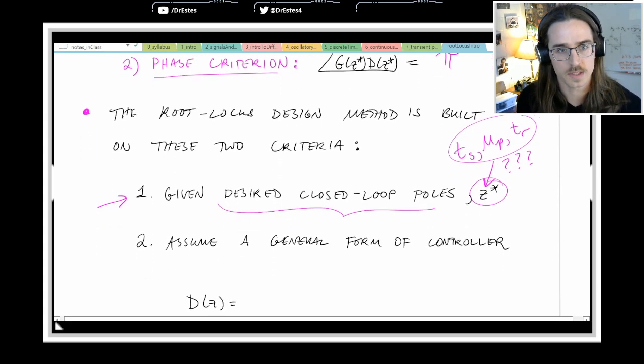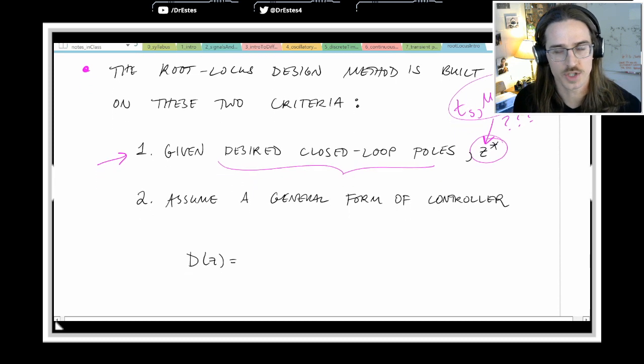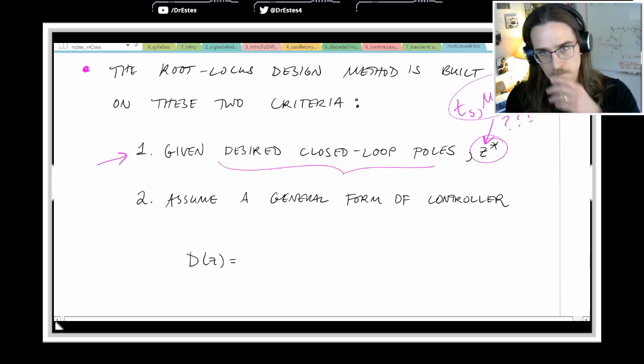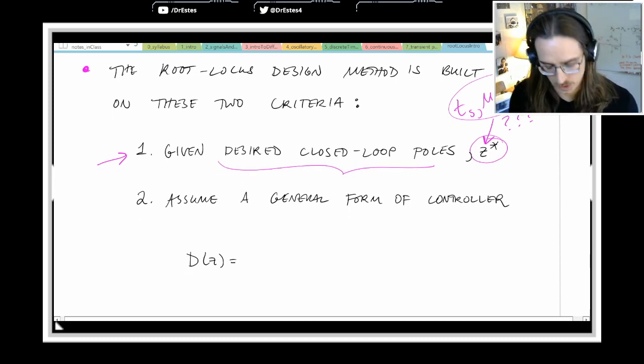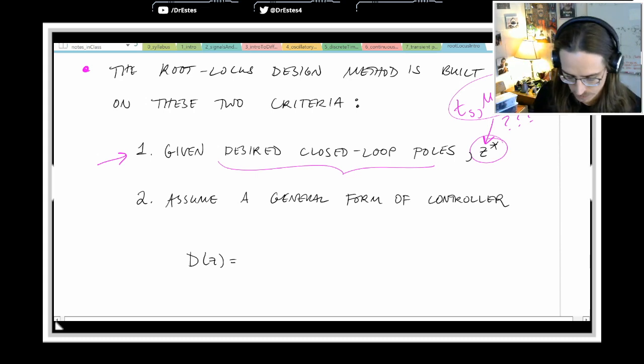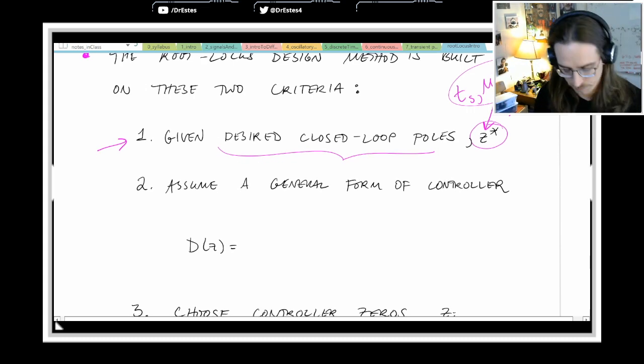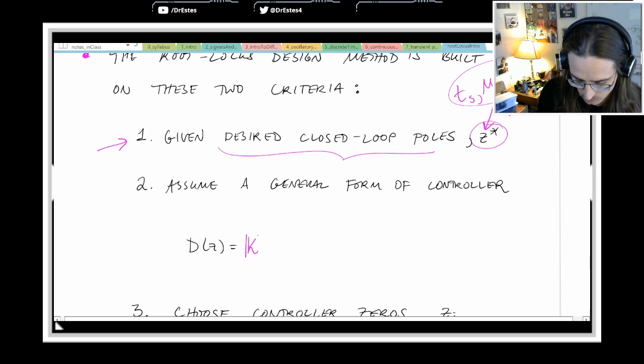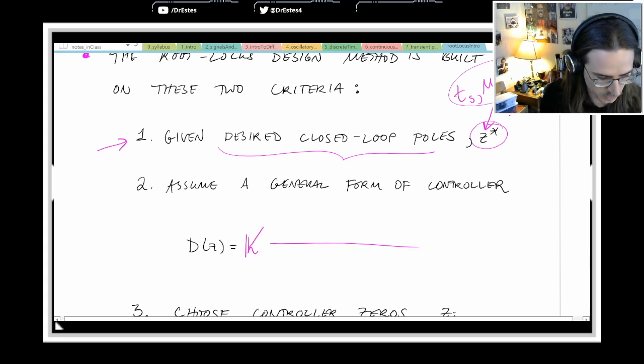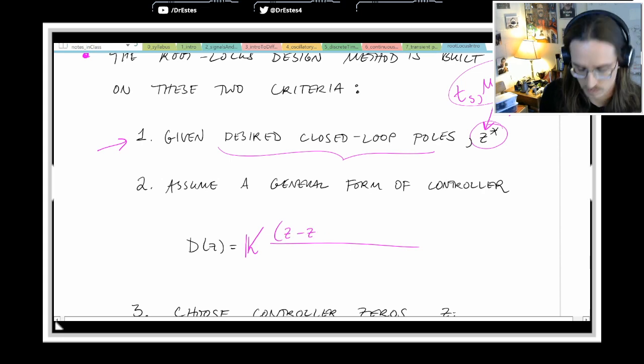So the root locus method assumes a general form for the controller. This is the most generic form. You have a control gain, and then you multiply this by something that looks like this.